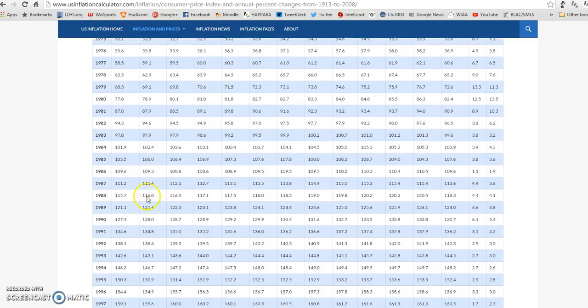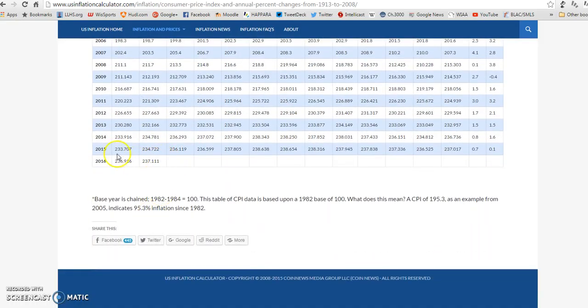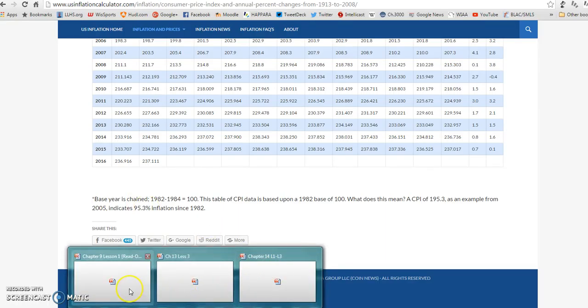That's the starting point. Like I was talking about before, the CPI is taken every month and then averaged out every year. In this case, the CPI in February was 237.11111111. Okay, moving on back to my PowerPoint.